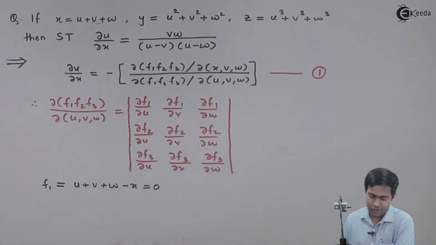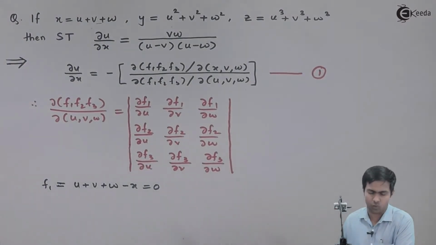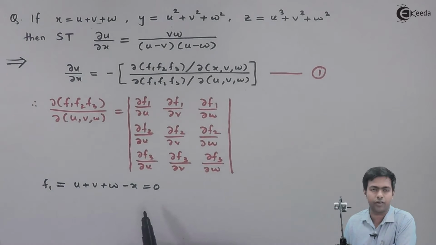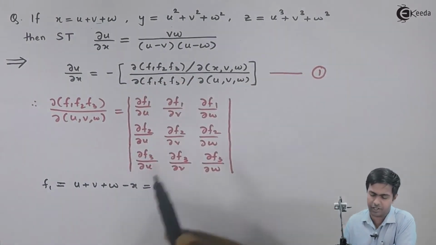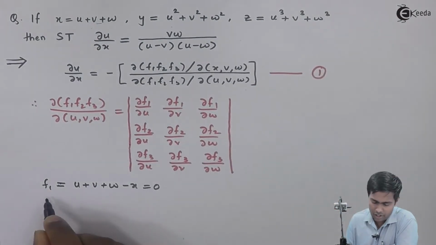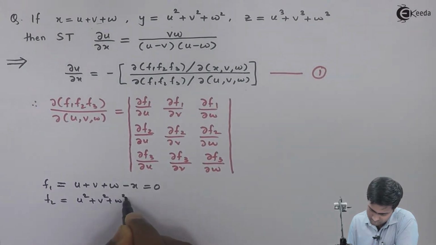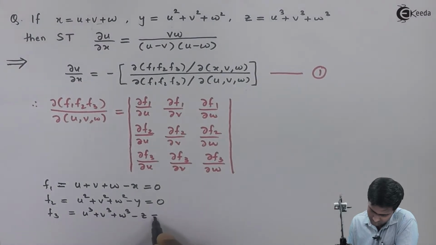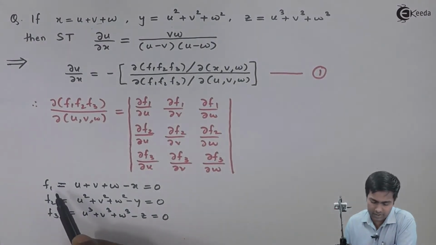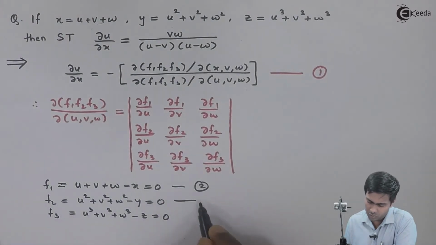Here u, v and w are implicit functions of x, y and z, hence we got f1. Similarly, I'll find f2 from the second condition and f3 from the third condition. So I got these three equations, one for f1, one for f2 and one for f3.